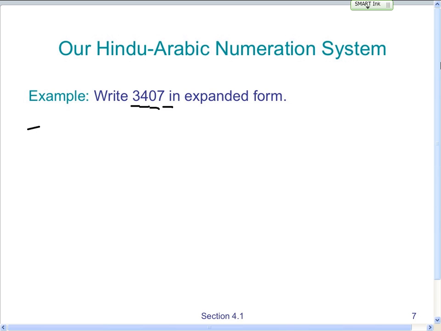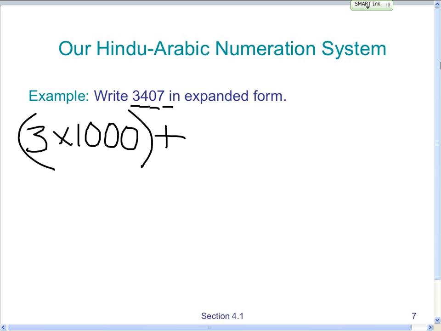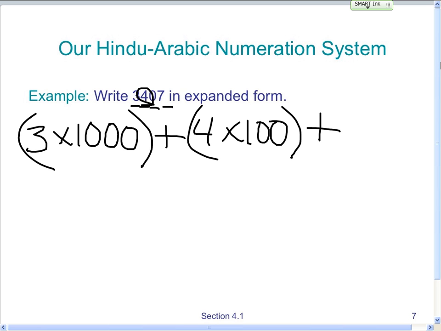So I have 3 thousands plus 4 hundreds plus, now what we have is actually a 0.